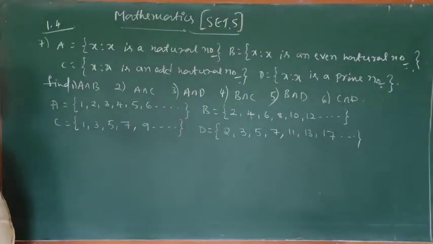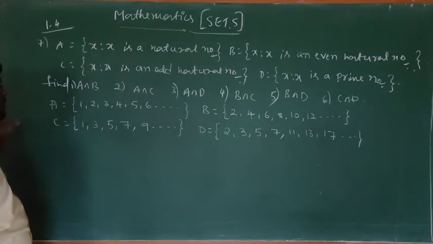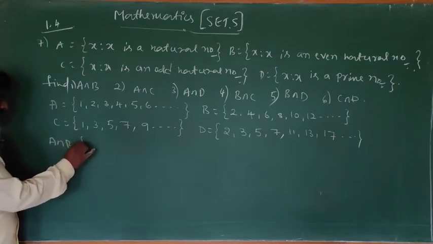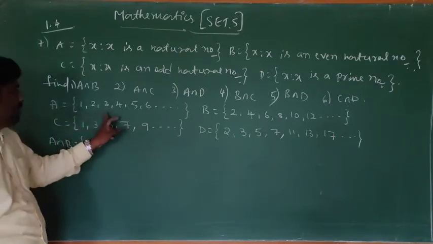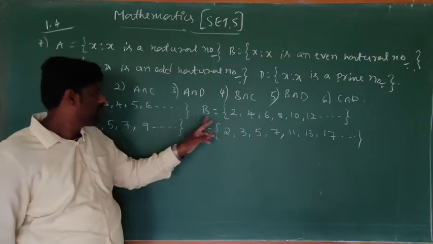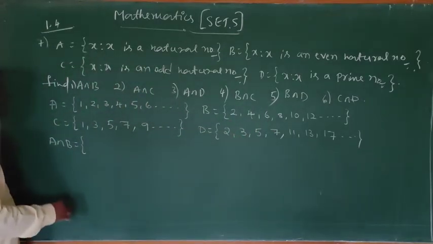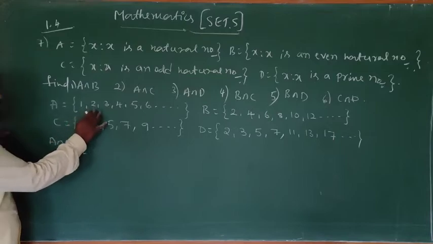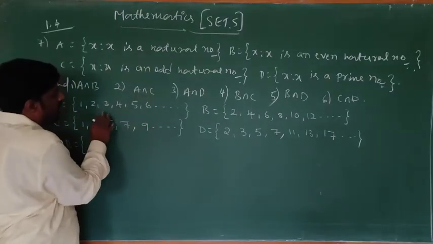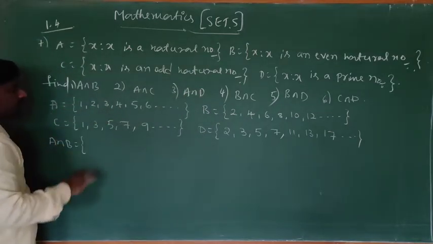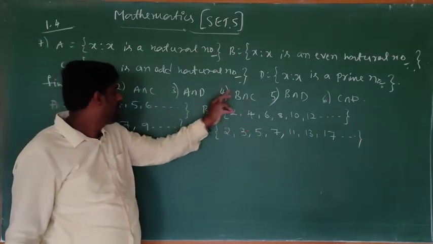Now I want to find A intersection B. What is the A set? This is the A set. What is the B set? This is the B set. Dear children, the common elements of A and B: here 2 is there, here also 2 is there. Here 4 is there, here also 4.